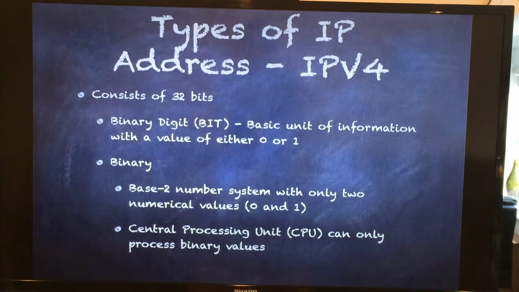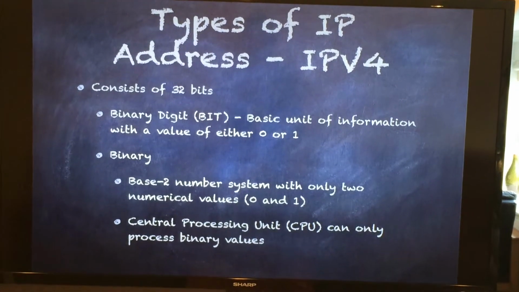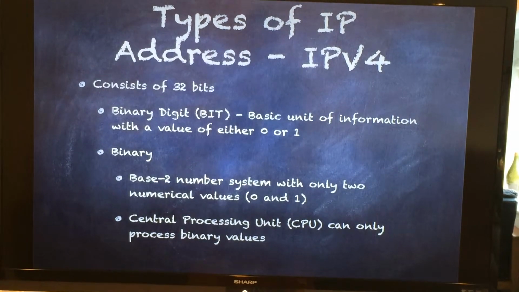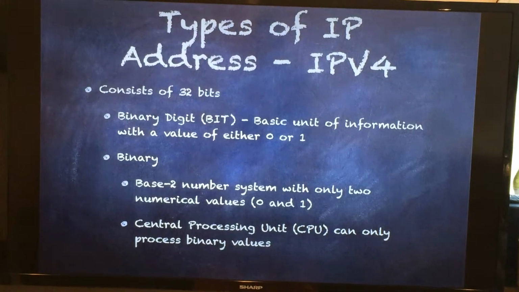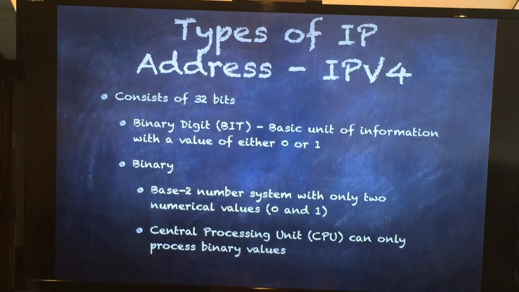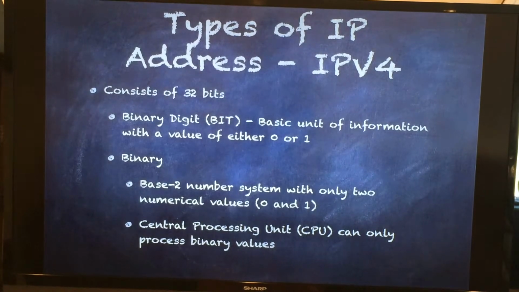One commonly used type of IP address is Internet Protocol version 4, called IPv4 for short. This consists of 32 bits. A bit stands for binary digit, and a binary digit is a basic unit of information with a value of either 0 or 1.